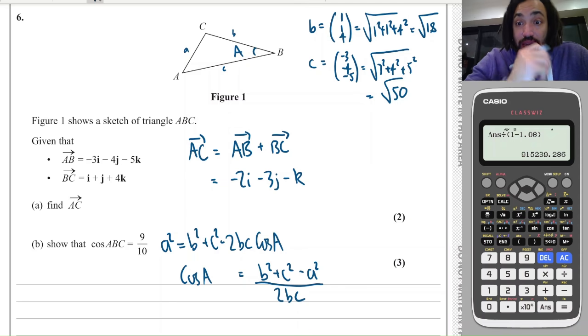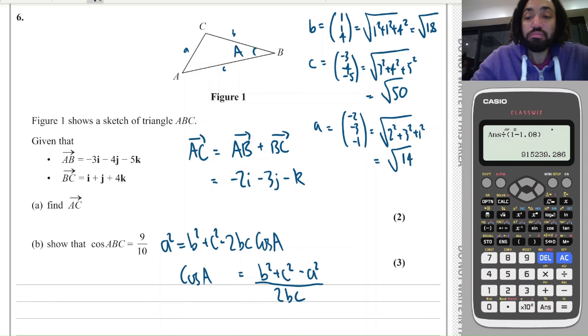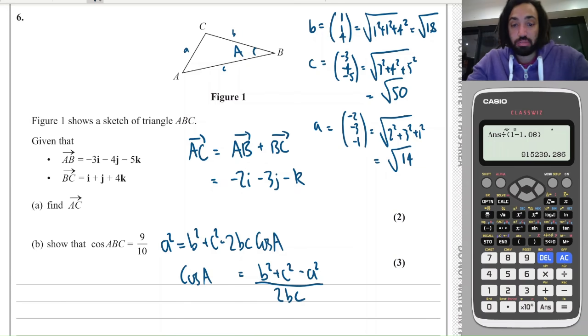And next, the little a I need to know as well, and that is a to c, which we've already worked out, which is minus 2, minus 3, minus 1. I'll square those to get the actual distance again, so that will be 2 squared plus 3 squared plus 1 squared, which is the square root of 14. Okay, now I can sub these into my formula.